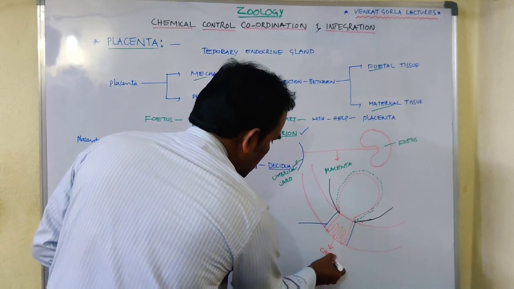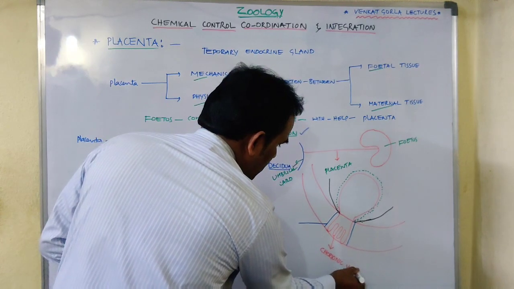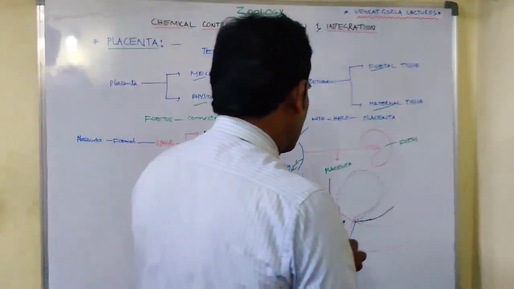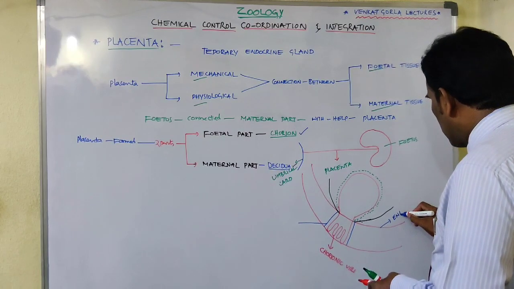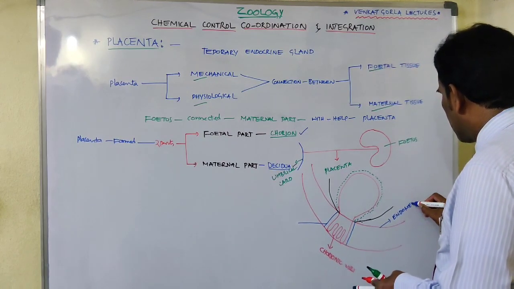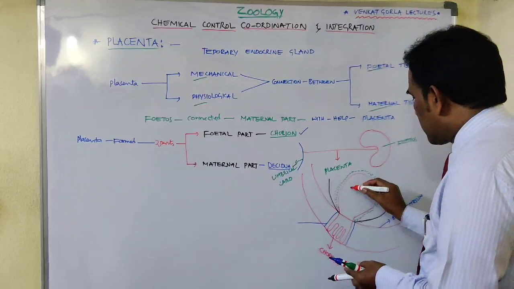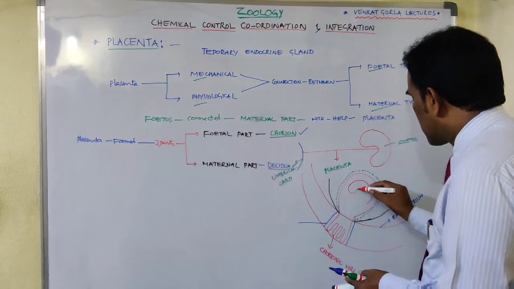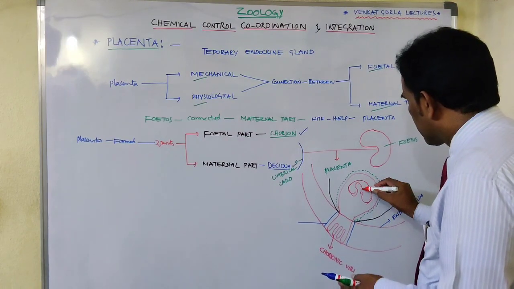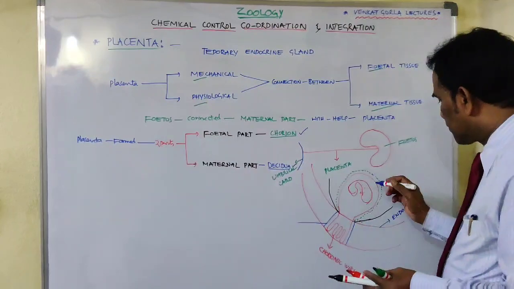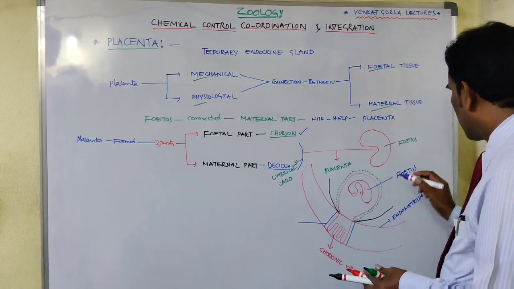This is called chorion, and this part we can call it as endometrium, wall of uterine, and inside this a fetus is present over here. Fetus.